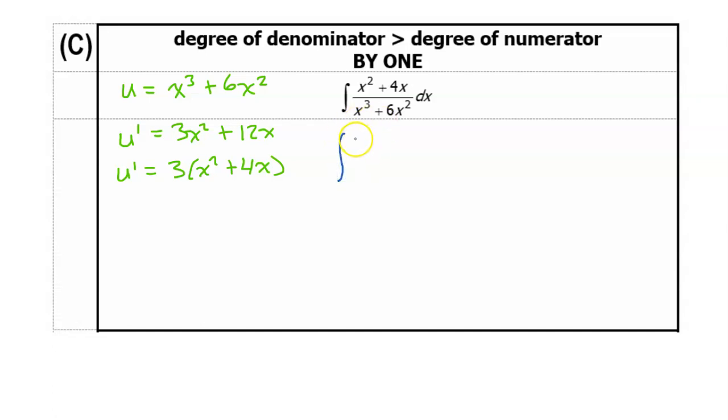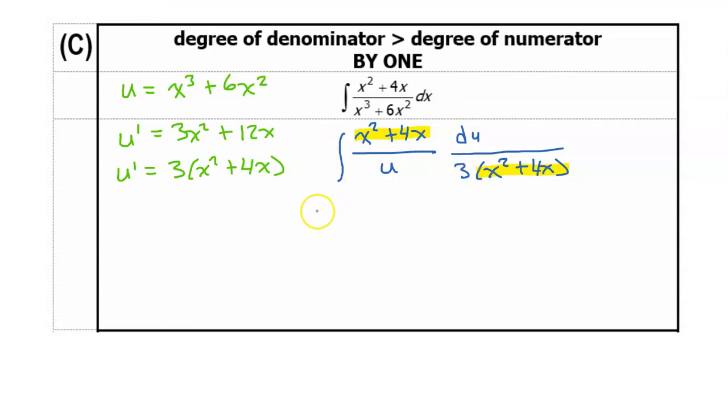If we do this substitution, we have x squared plus 4x in the numerator. The denominator is u. And we replace dx with du over u prime. In other words, du over 3 times x squared plus 4x. The x squared plus 4x cancels out the x squared plus 4x. The 3 comes out in the front as a 1/3.